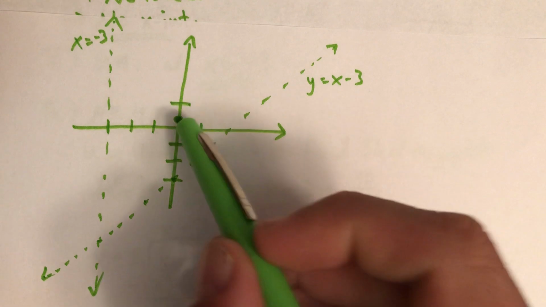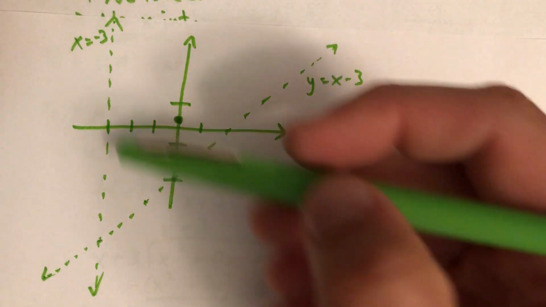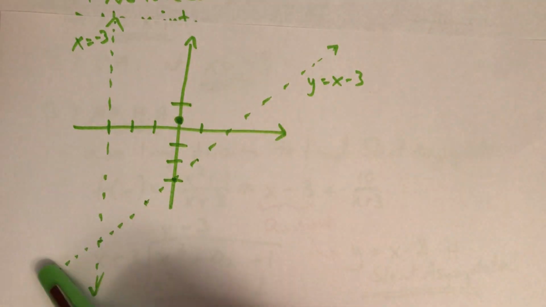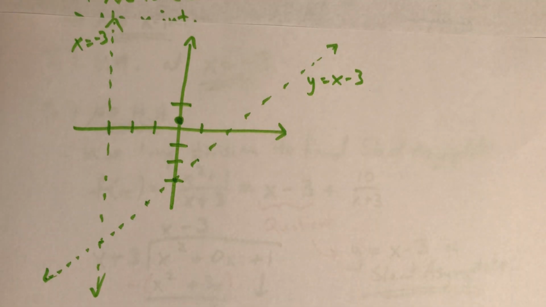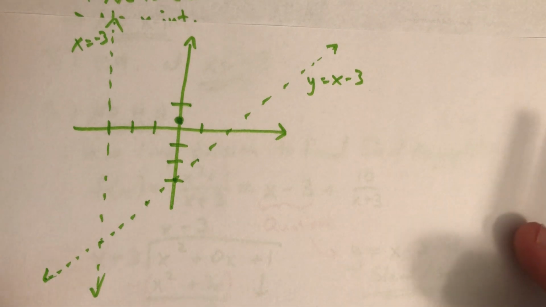We only had a y-intercept, no x-intercepts. We only have one vertical asymptote, and we've got one slant asymptote. So we can go through the rest of this process, maybe by plotting a few points, or by just kind of noting what needs to happen, right?